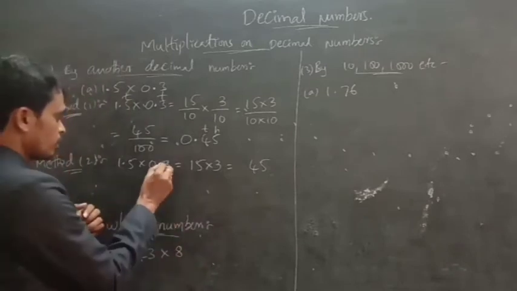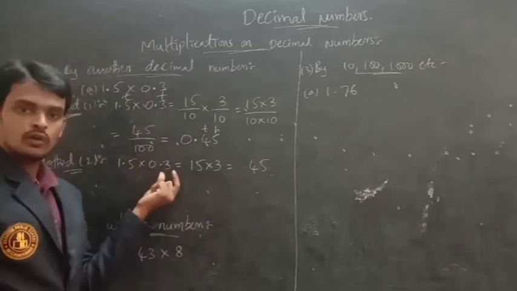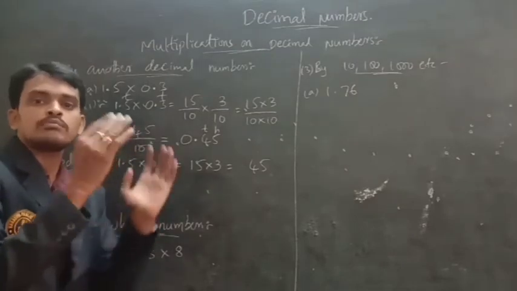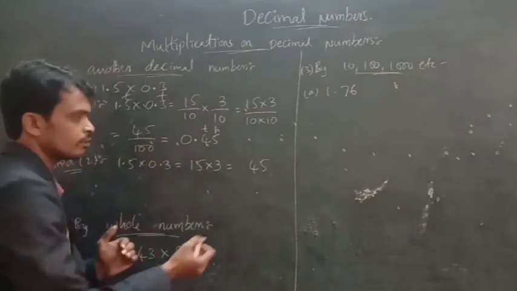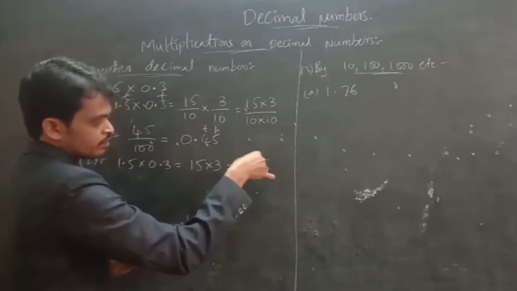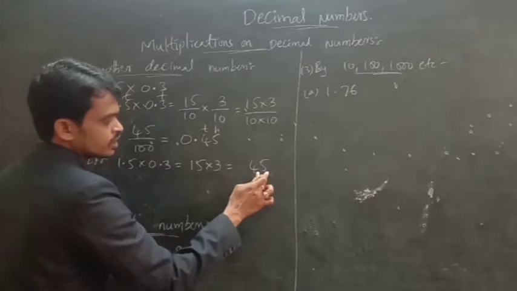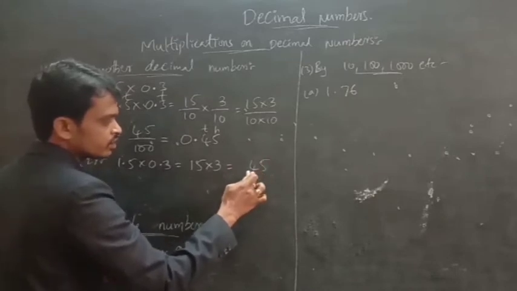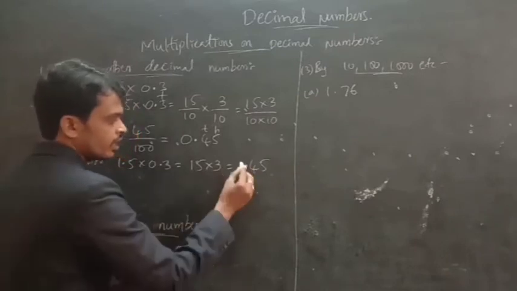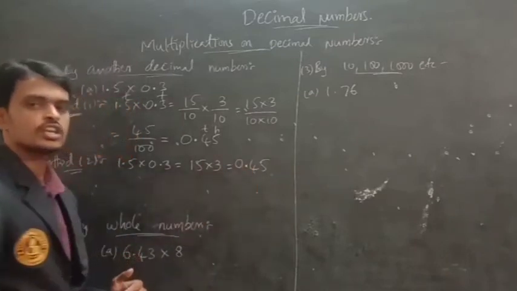Then the point is after the tenths place here and the tenths place here also, so tenths into tenths is 1 by 100. Then we count the decimal places: tenths, hundredths. After the hundredths place we place the decimal point, and the answer is 0.45.